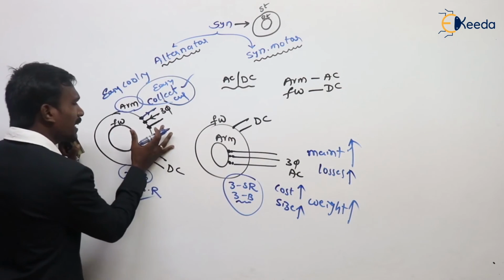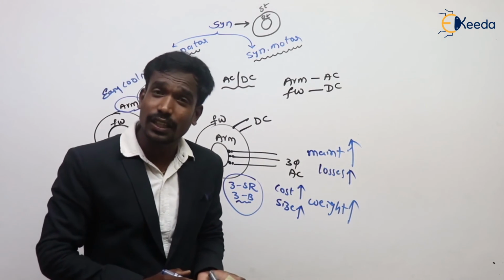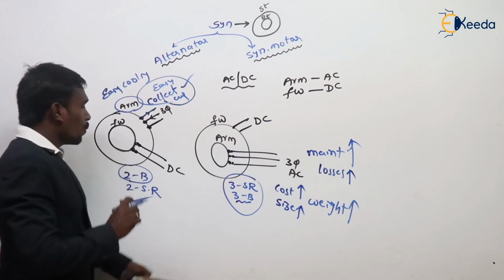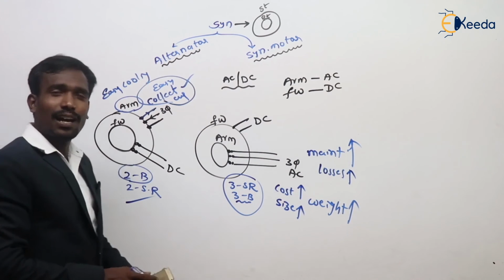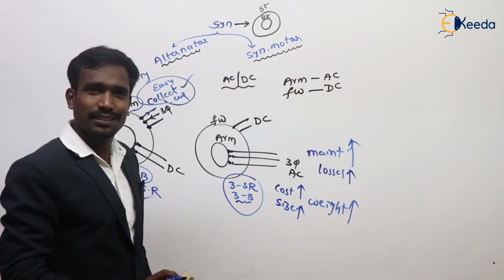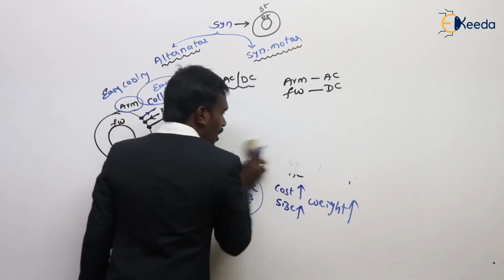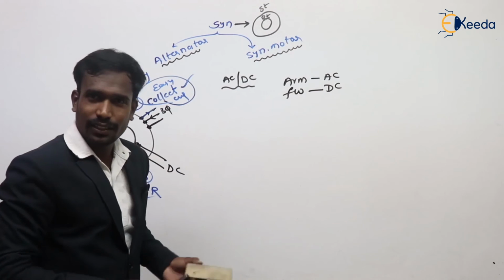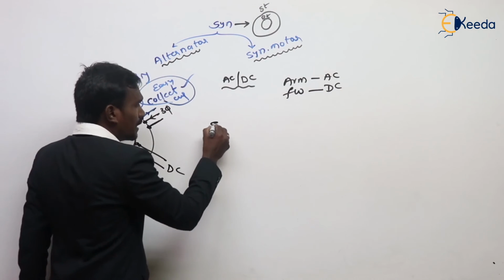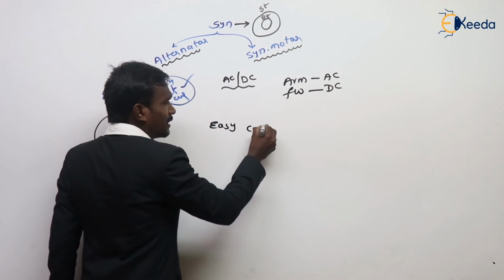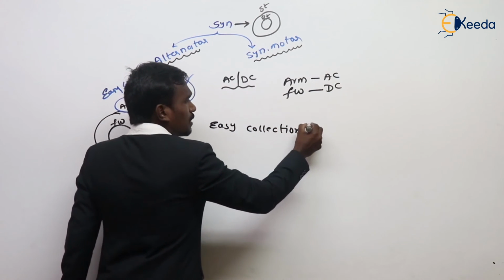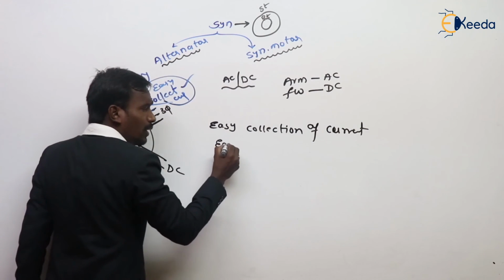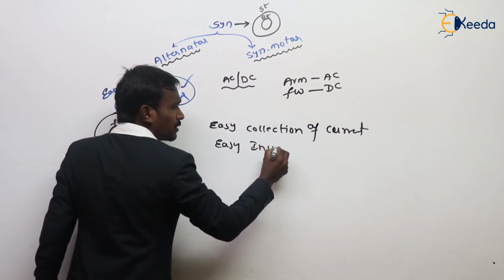Many advantages are there for the stationary armature. Now I will give you the advantages of the stationary armature. You should note down those points. First, easy collection of current. Second, easy insulation.